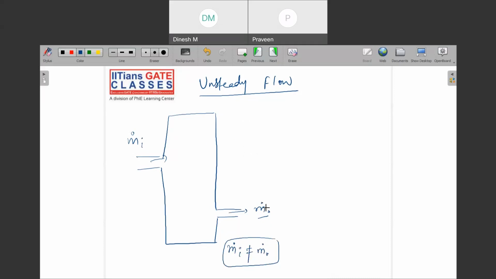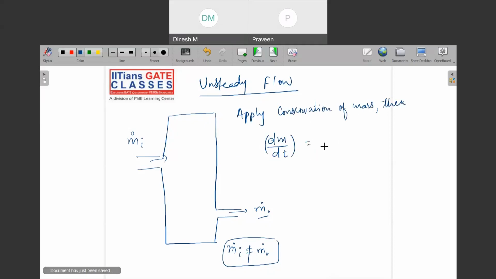If I say that this is the mass flow rate at outlet and the mass flow rate at the inlet, and these two are not equal to each other, then if I apply conservation of mass, can I say that dm by dt, the change in mass with respect to time, will be equal to what?